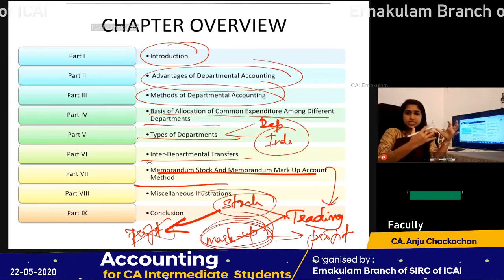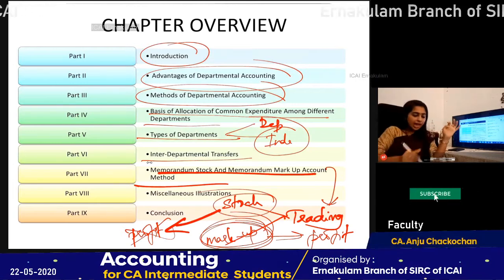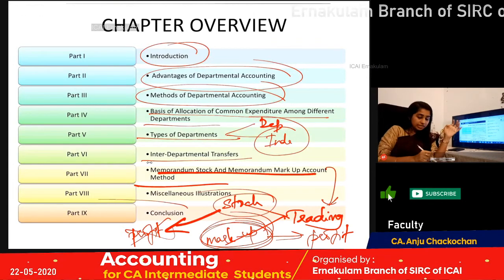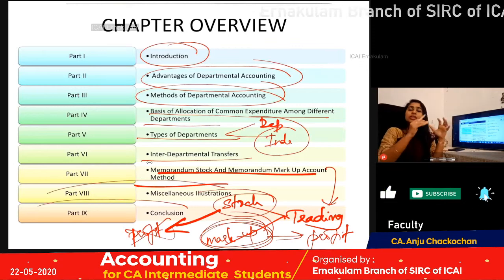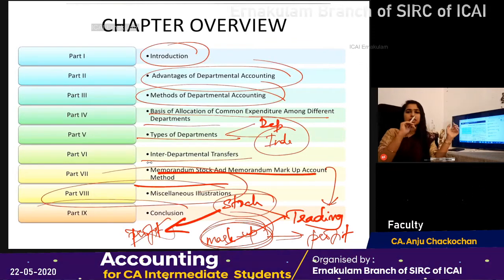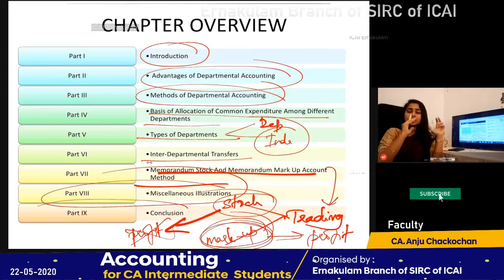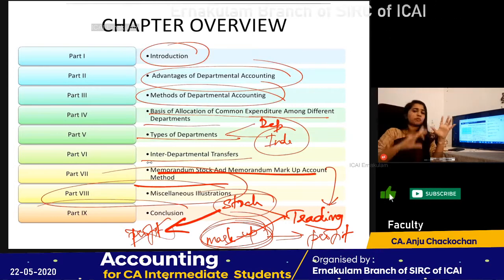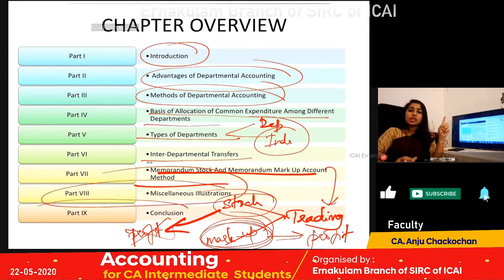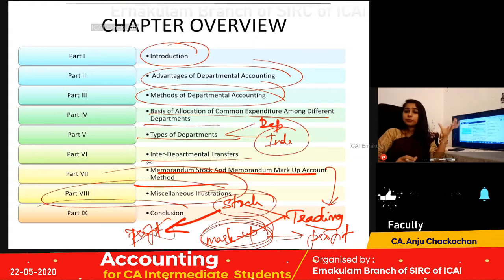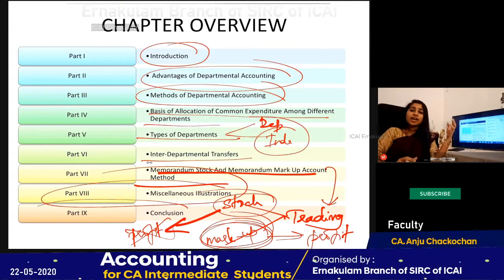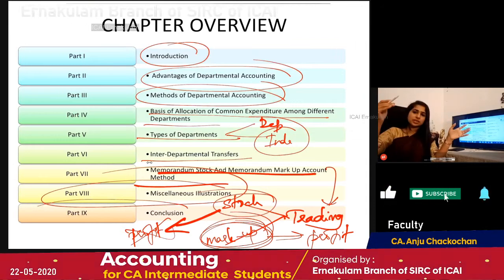These seven points, and the eighth point we dealt with was the miscellaneous illustrations. Miscellaneous illustrations means we had four types. The first one was Suryavamsham, where we computed the stock reserve. Then in the next question, the total purchase was given, so we had to compute the GP percentage.